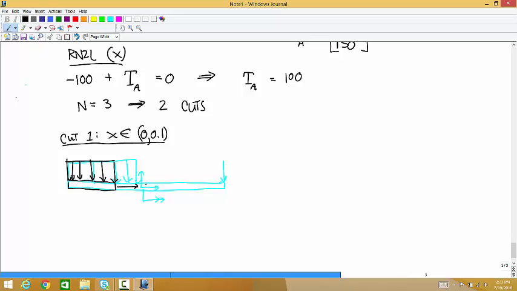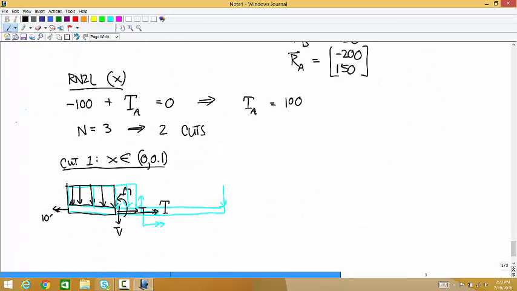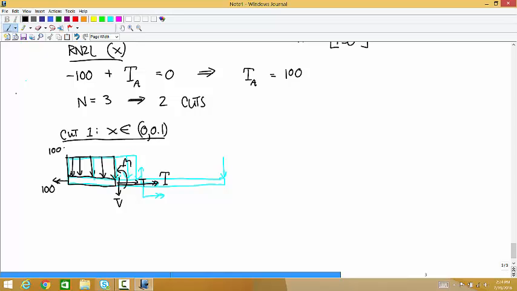And then we have the internal loads, T, V, M, and fancy T. And we have a couple of, what was that, 200? 100? 100. Any questions about that? And this distributed load has a value of 1,000.